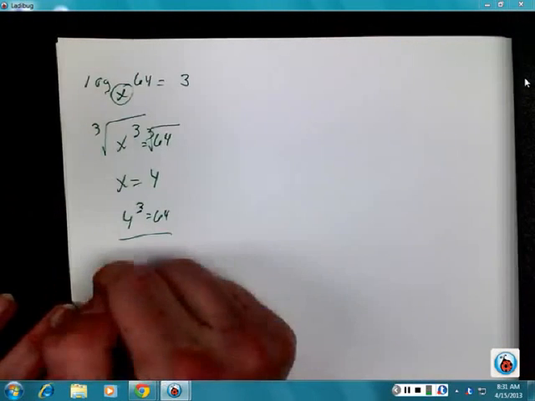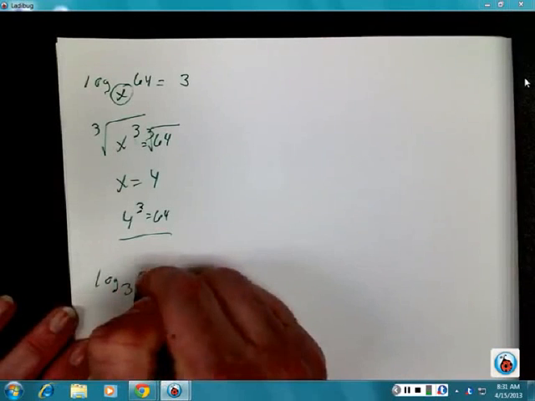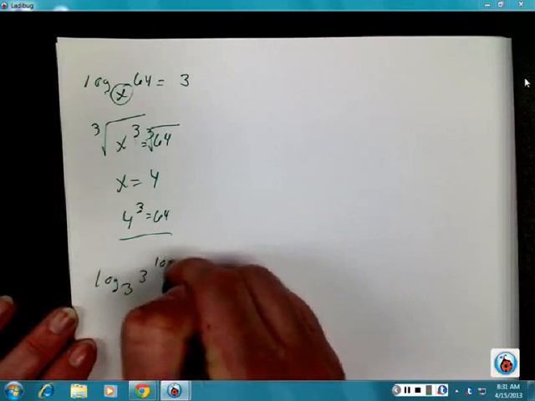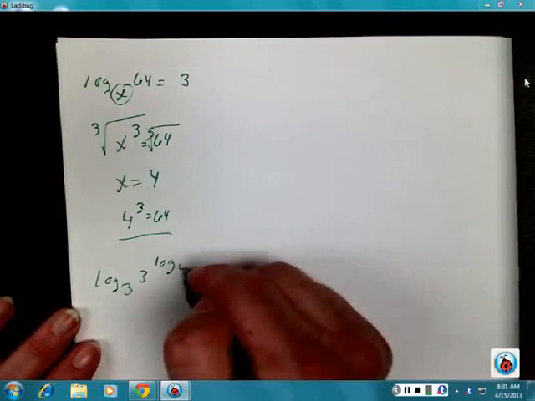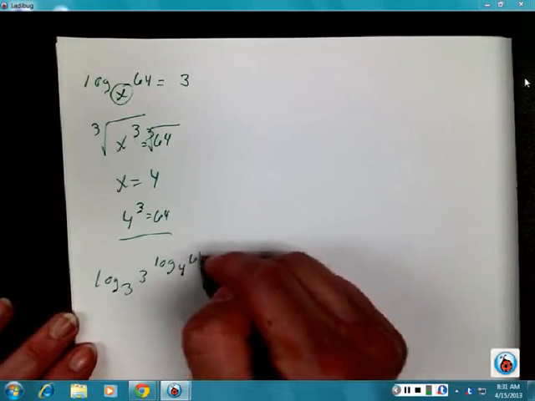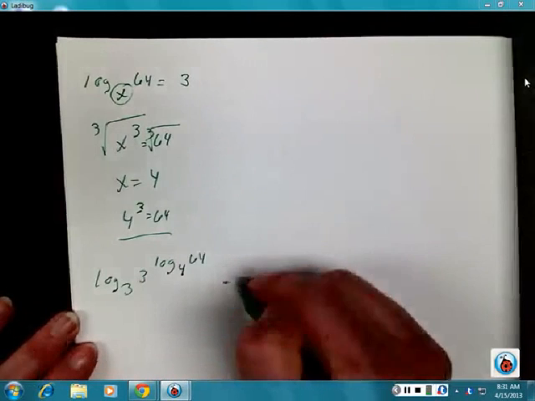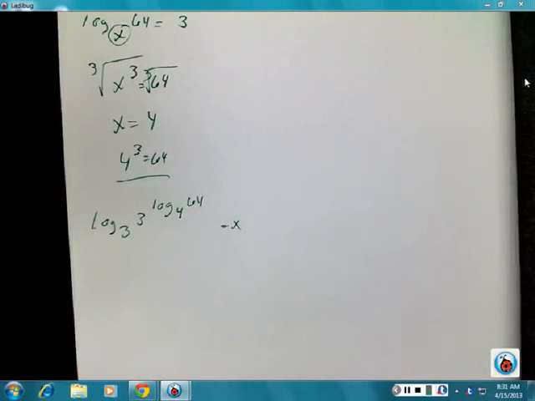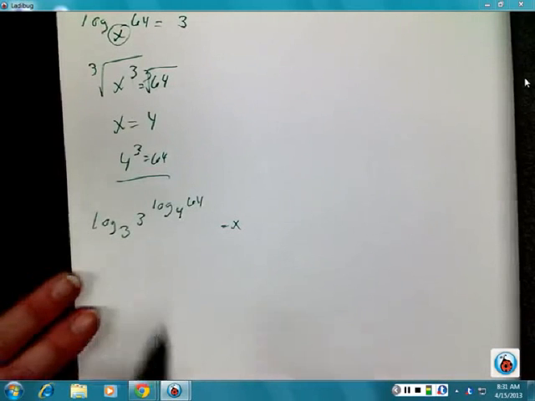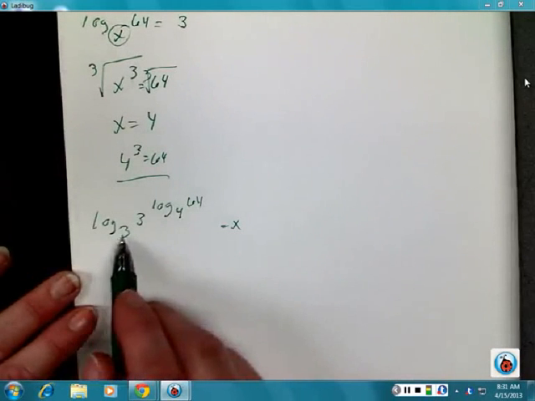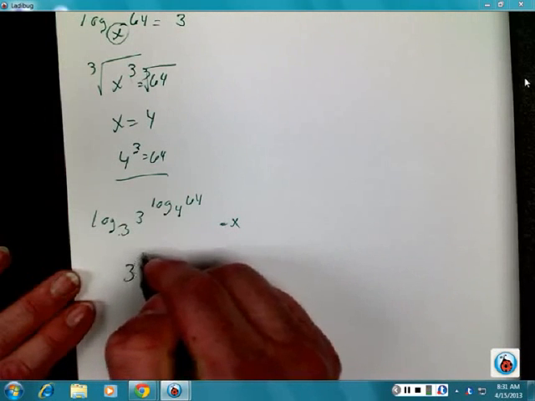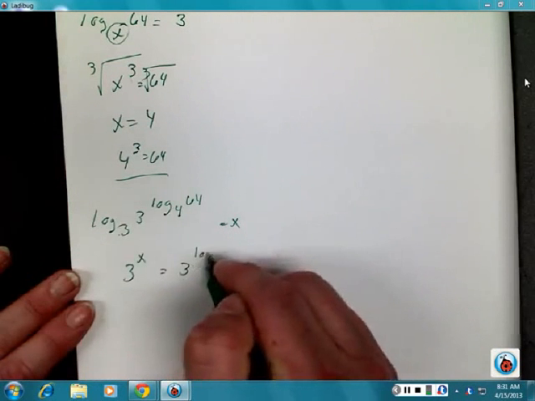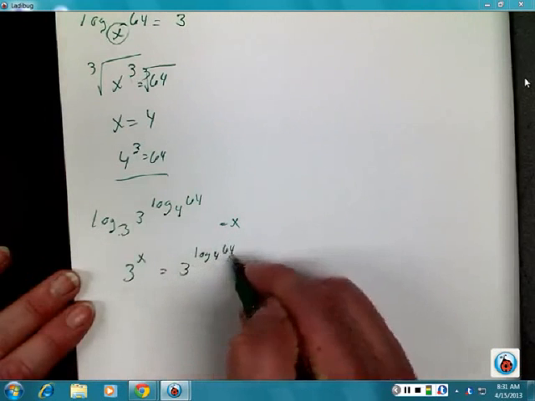How about this one? Log base 3 of 3 to the log base 4 of 64 equals x. This one's kind of a complicated one because it has 2 parts to it. Because I have 3 to the x power is equal to 3 to the log base 4 of 64.